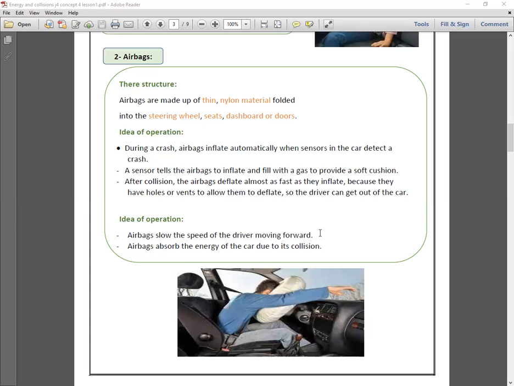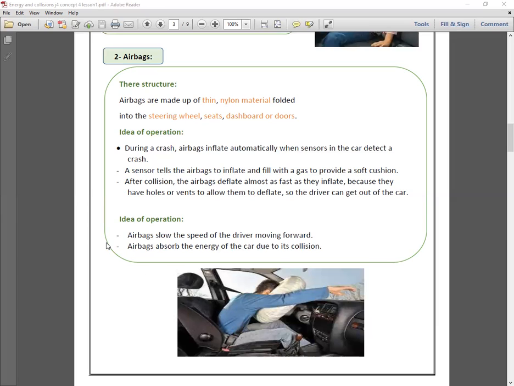So it starts to deflate, and it will be very fast also, because on the back side of this airbag we find a lot of holes, and these holes let the air or the gas out so we can see clearly what is in front of us and can get out of the car easily.